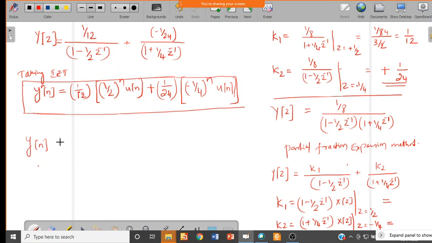So find the natural response of this one: y of n equals 5 by 6 y of n minus 1 minus 1 by 6 into y of n minus 2, plus x of n.